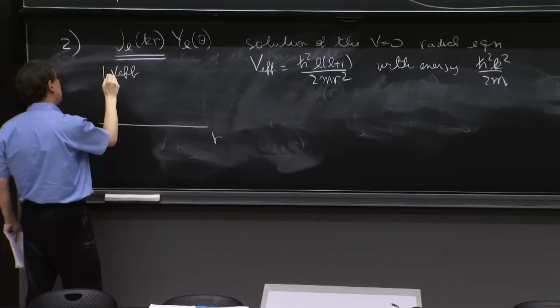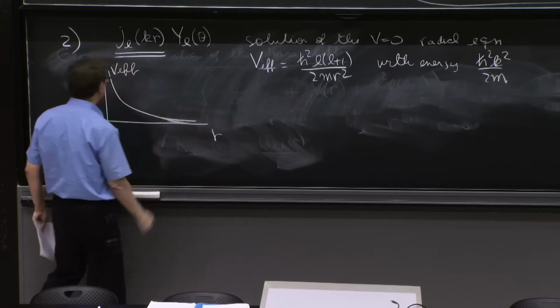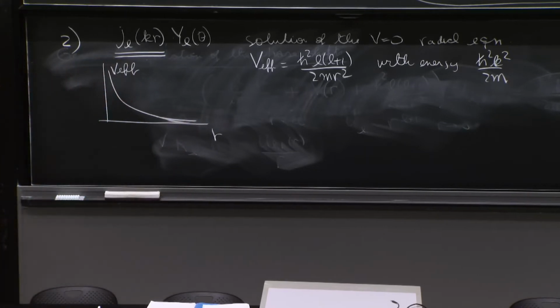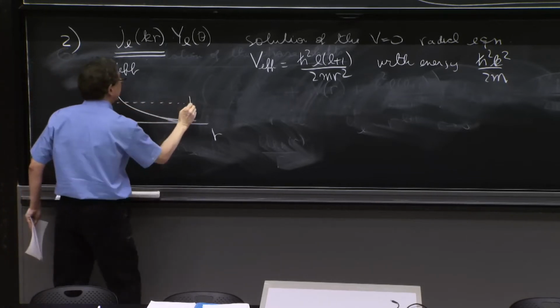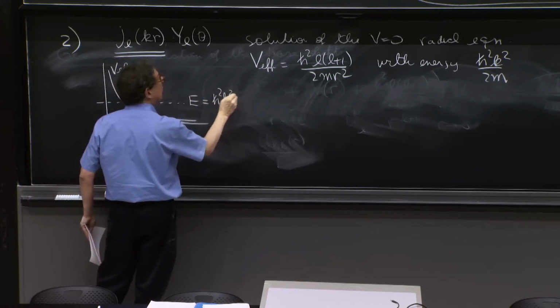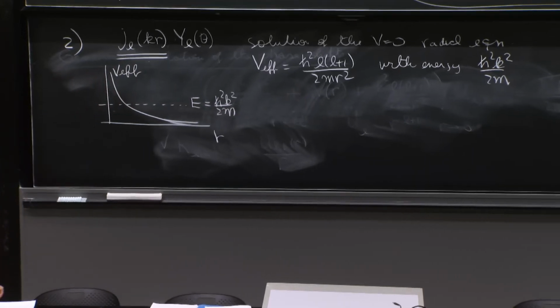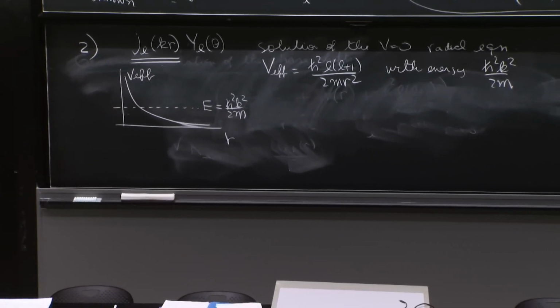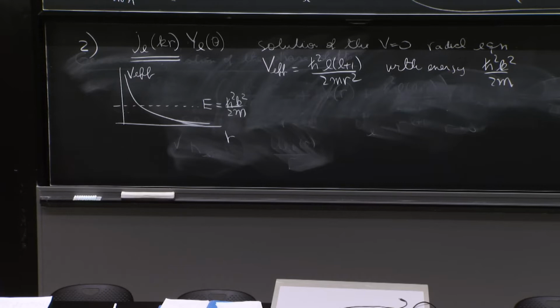So here is r. Here is the effective potential. And how does it look? Well, it diverges and then it falls off. And you have a solution with energy equal to h-bar squared k squared over 2m. It's a solution of that problem with that potential. So here is your intuition.